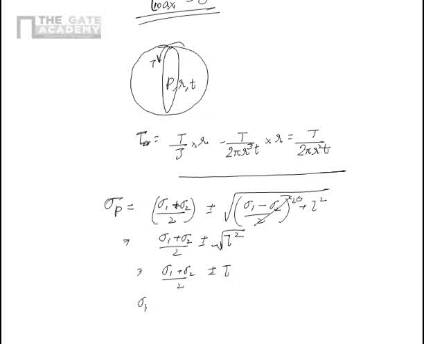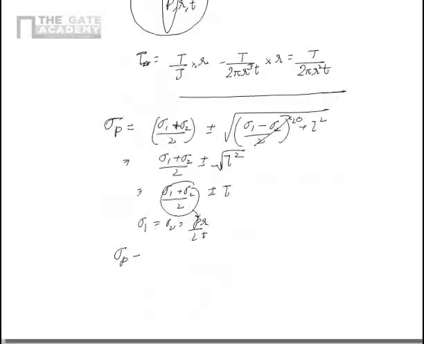Now sigma 1 is equal to sigma 2 is equal to PR upon 2T, so this whole thing is equal to PR upon 2T. So sigma P, the principal stress, is PR upon 2T plus minus the shear stress. So that's a very simple equation now.